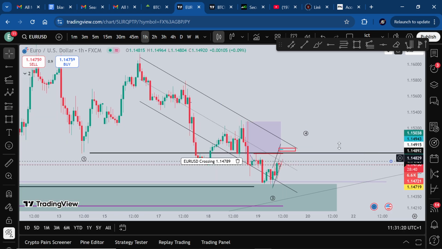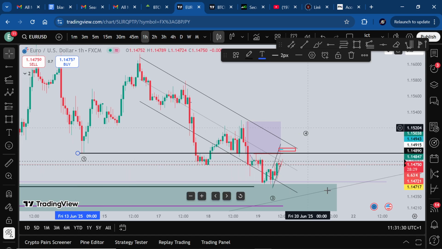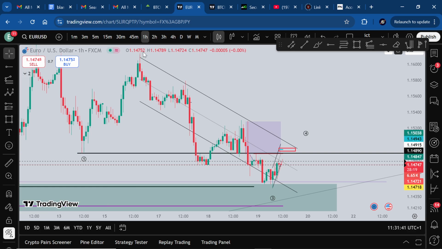Now, if we should touch this black line, probabilities decrease that this is a 1, 2, 3, 4, 5. In fact, I will look at it as an invalidation, because I'm happy with that being the 1 and that being the 2. So currently 1, 2, 3, 4, and 5.